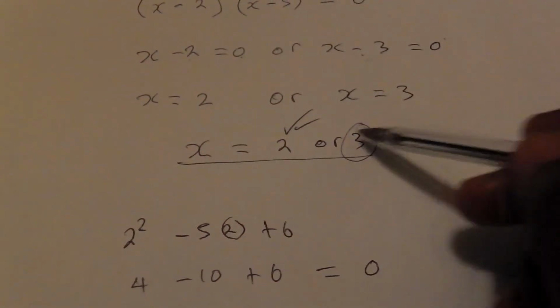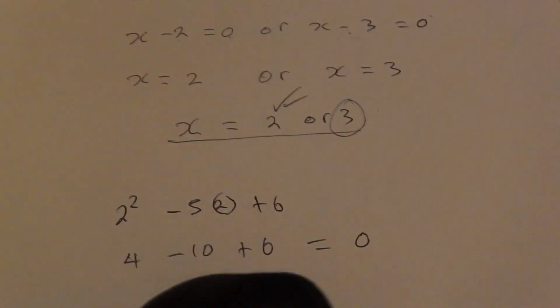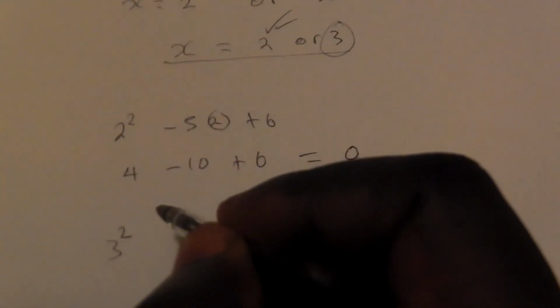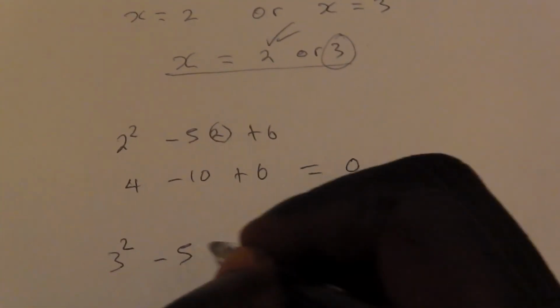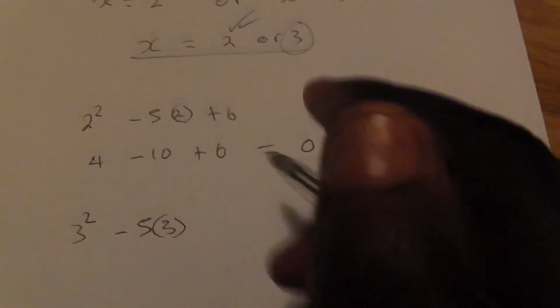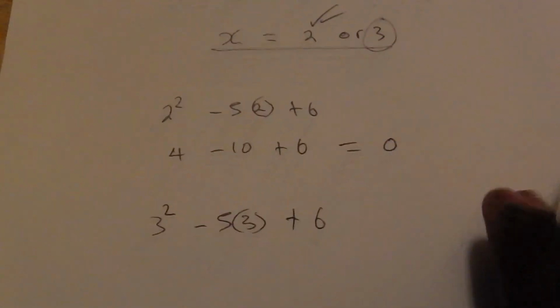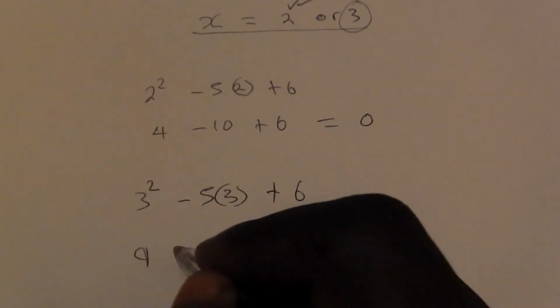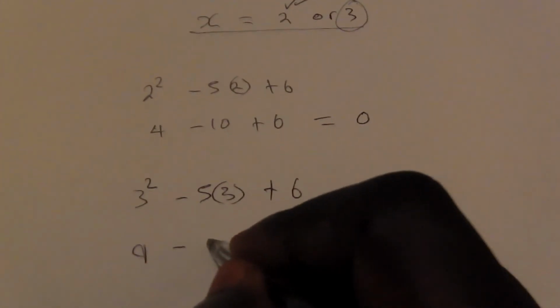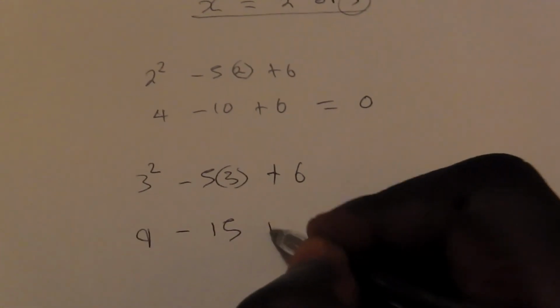Now let's try for 3. If you put 3 into this equation, you'll be having 3 squared minus 5 times 3 plus 6. 3 squared is 9, and then minus 5 times 3, that's 15, plus 6.